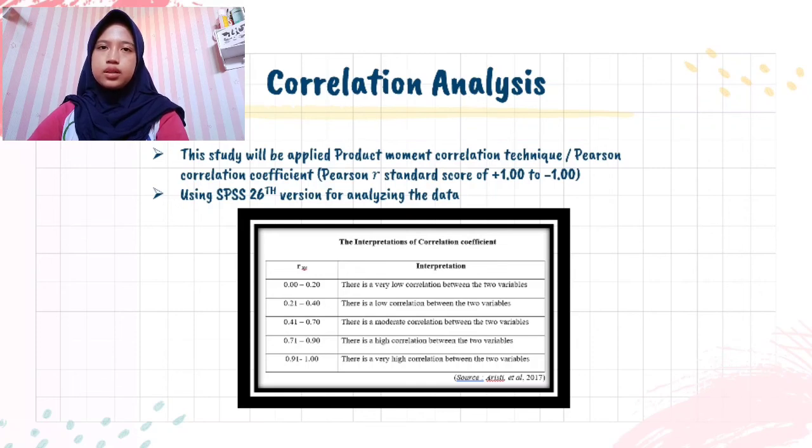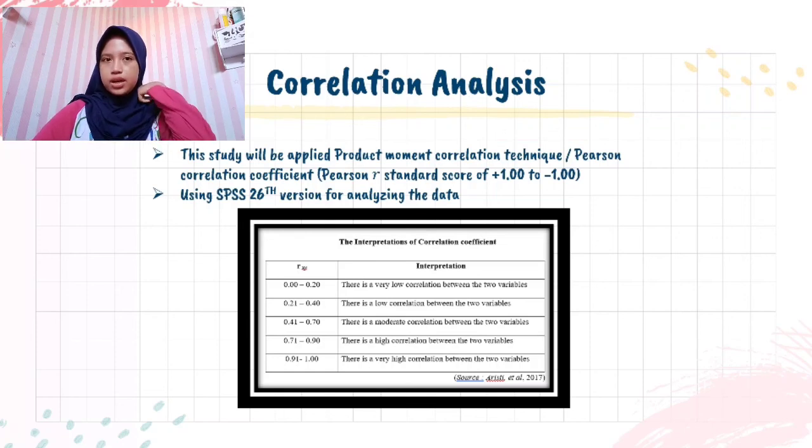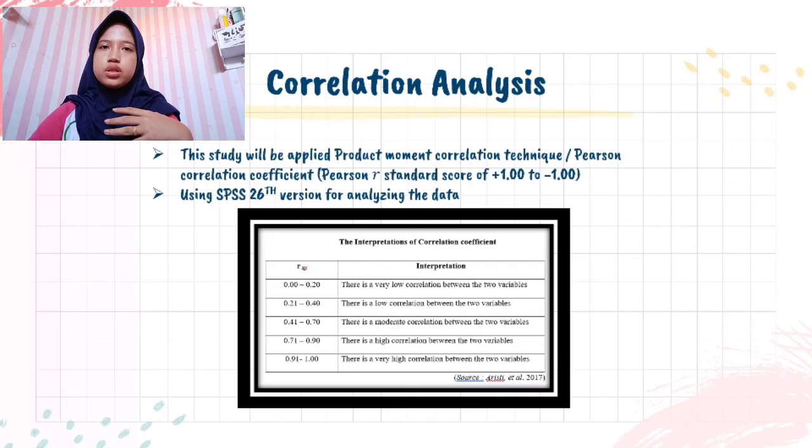After that, the result of the analysis from SPSS can be interpreted by using the interpretation of correlation coefficient table.